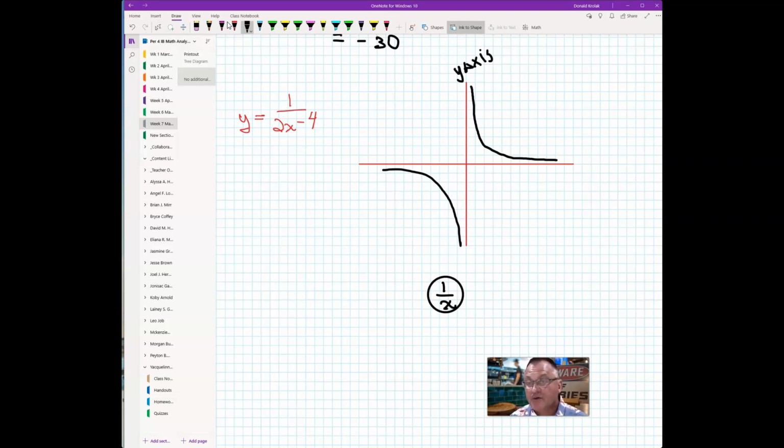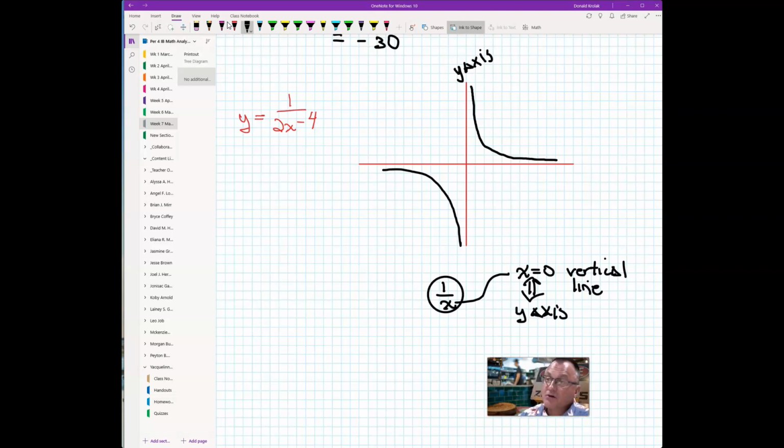Where the vertical asymptote is located depends on whatever the denominator is. Whatever makes the denominator equal to 0, that's where the vertical asymptote is. So in this case, the vertical line x equals 0, which is the y-axis, is the asymptote. This is the same as the y-axis.